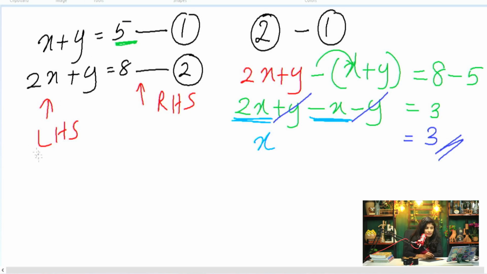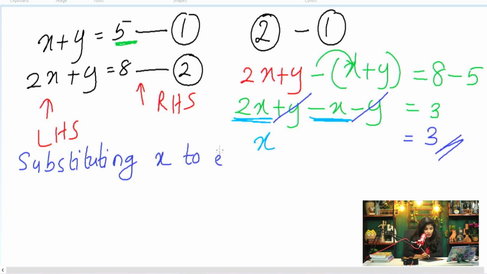What I have to write here is substituting x into equation 1. Okay, now I'm going to substitute. I will write the equation again here: x plus y equals 5.